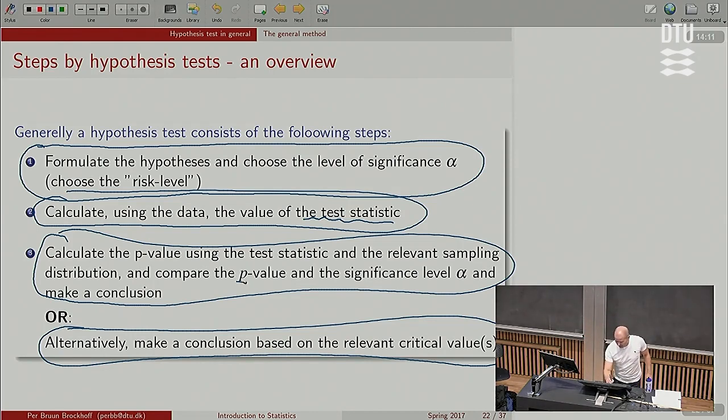Personally, I like to do both in a way. Personally, I like that we compute the confidence interval, because the latter thing here is basically like looking at the confidence interval. And it's also nice to have the p-value. So p-value and confidence interval. That's my advice to you.